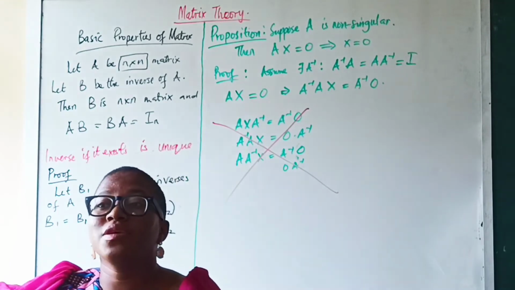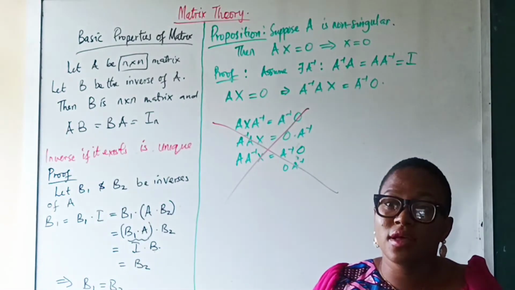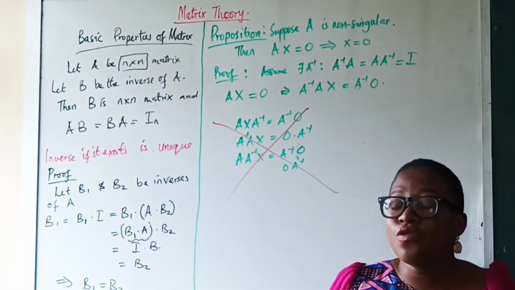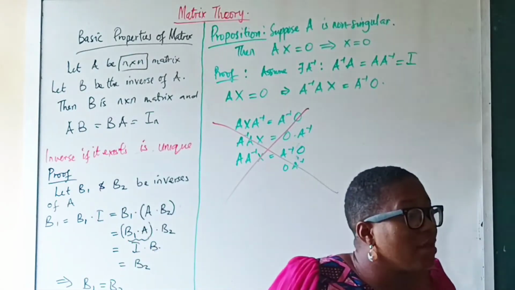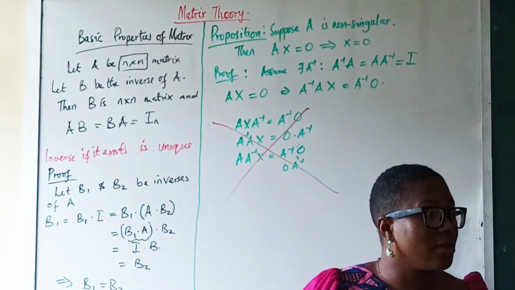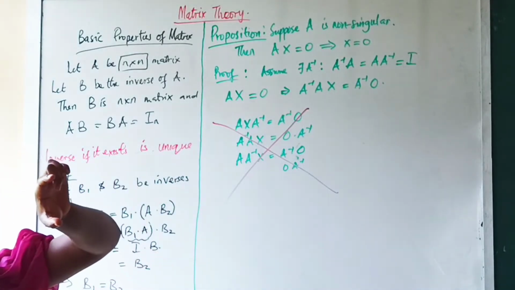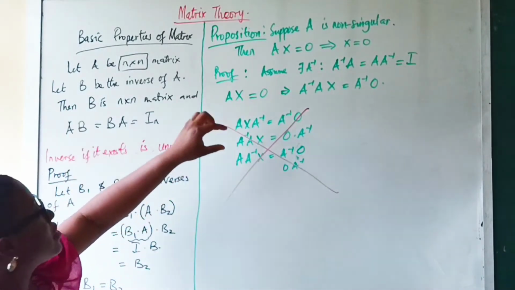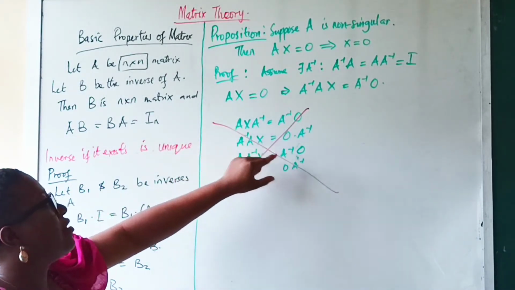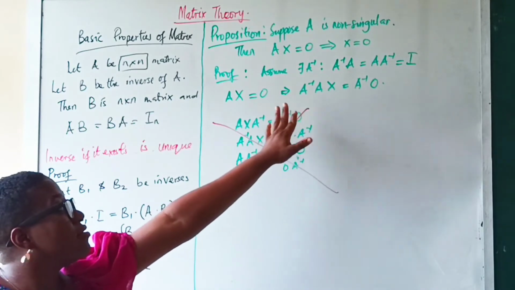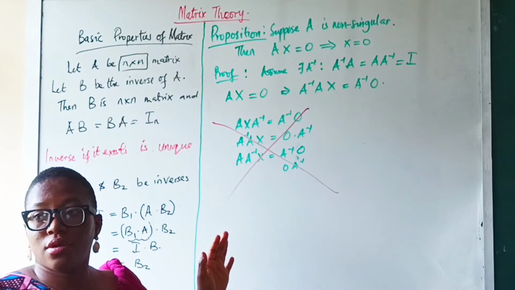If you are multiplying from the left hand side, you must continue it even when you cross the equality sign. It must always be at the left hand side. If you start multiplying from the right hand side, when you cross over the equality sign, you must also multiply at the right hand side. And you cannot manufacture an A inverse and put it in between. You will get the same solution, but you'll be wrong. Order matters.